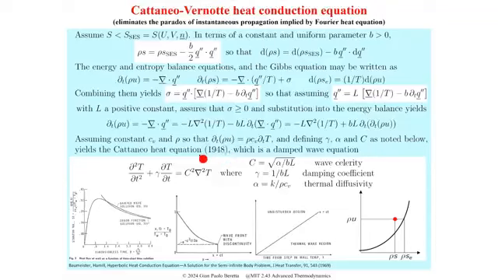Cattaneo didn't start from these premises. He wanted to fix another problem that I'm describing in a second. But let's take this one and then substitute back into the energy balance equation.